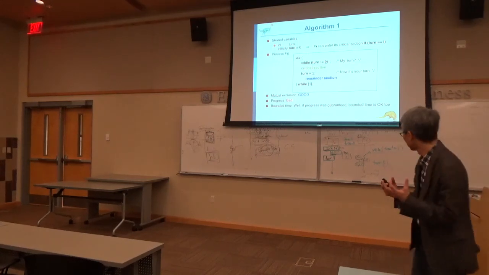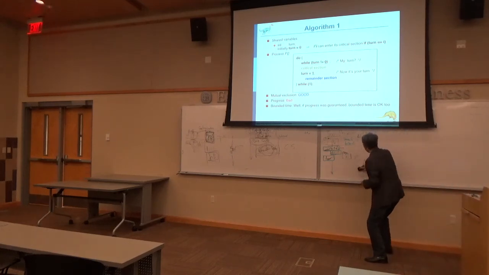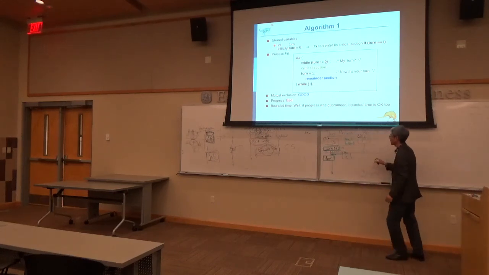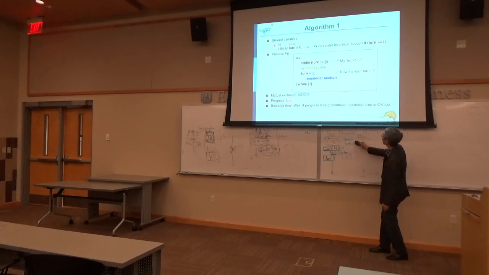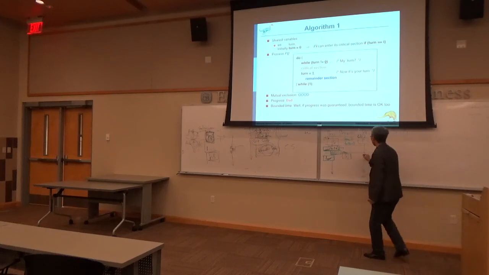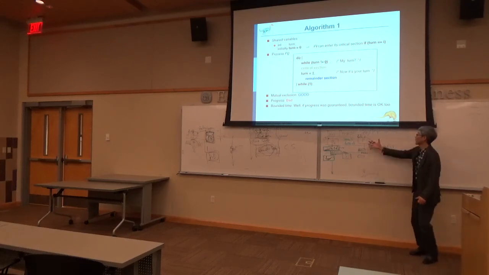At the same time, currently turn is still 0. P1 would like to enter the critical section and read I. Then the entry section and exit section are added. The entry section is while turn is not 1, because it's the process 1 case.